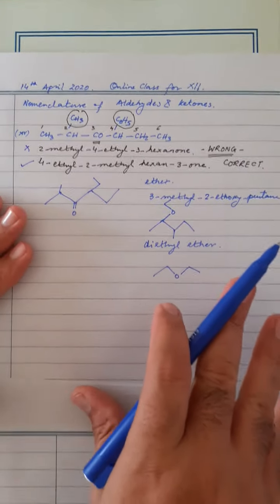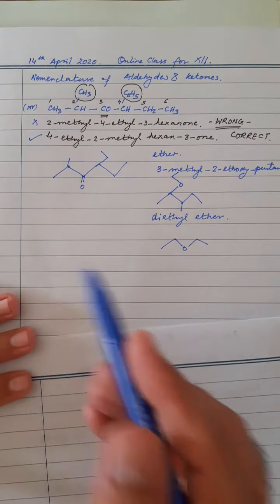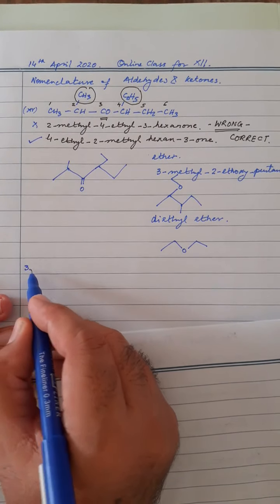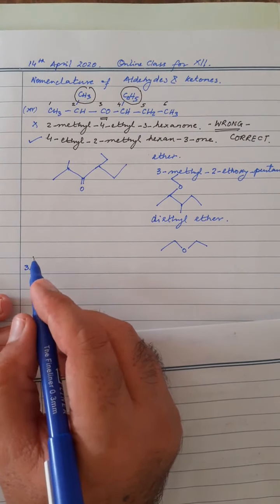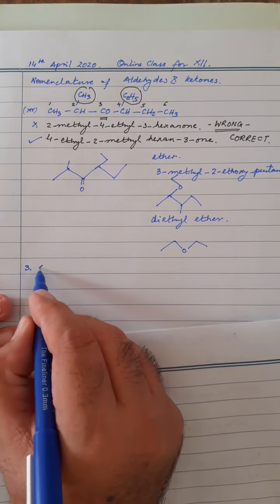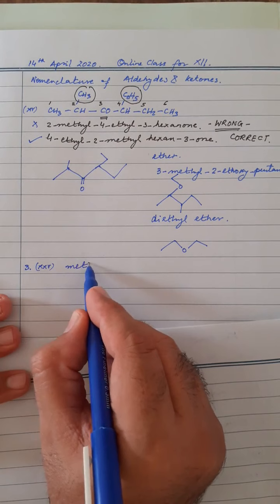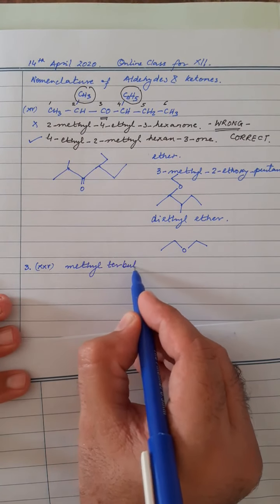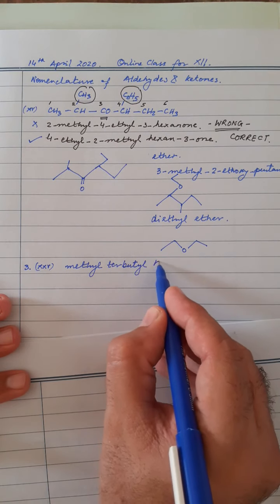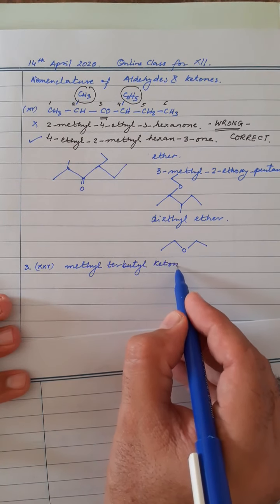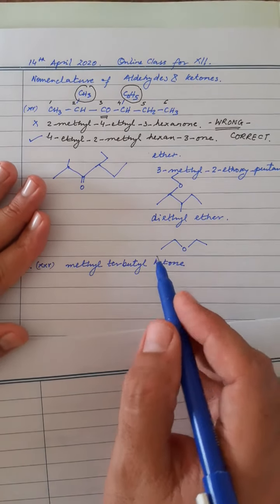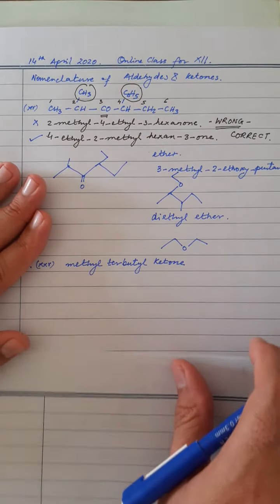The other mistake came in the third question, and it was part 25. It was methyl tertiary butyl ketone. There was just one student, I don't remember who. So now, in that case, you need a tertiary butyl.